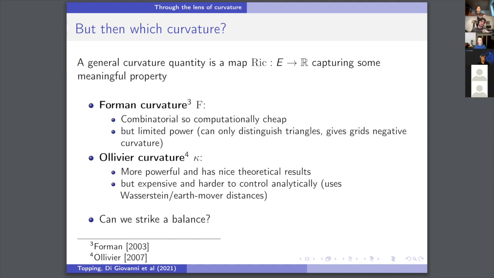Usually you can define one if you want to, but it has to be a map defined on the edge set that captures some meaningful property of the graph. So one is the Forman curvature.